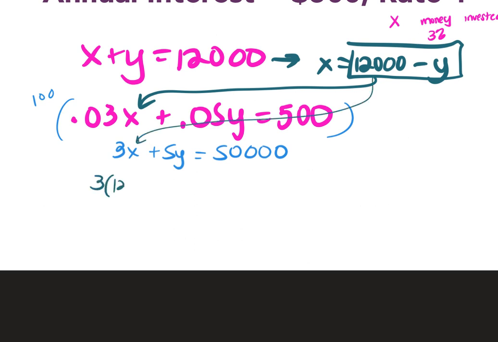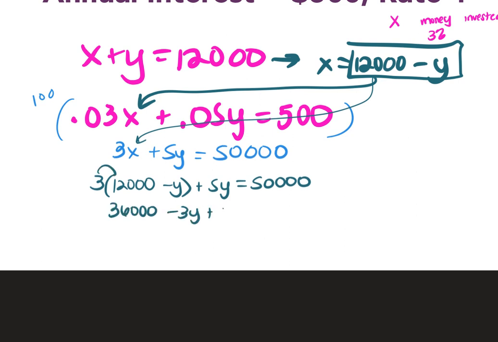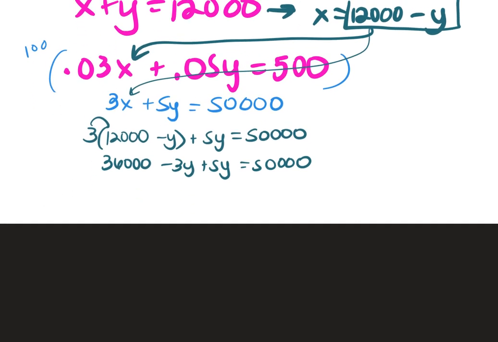Now I can take the x and plug it in. 3 times 12,000 minus y plus 5y equals 50,000. Distribute, I get 36,000 minus 3y plus 5y equals 50,000. Combine my like terms, 2y, subtract the 36,000.